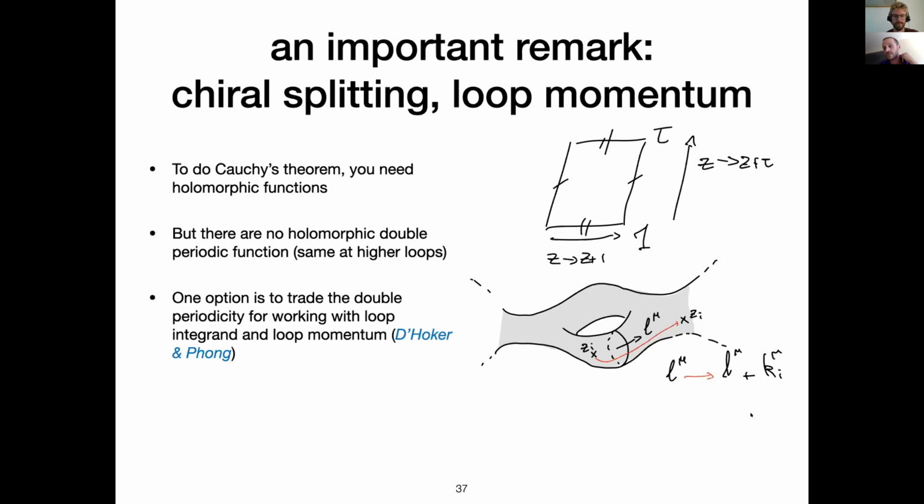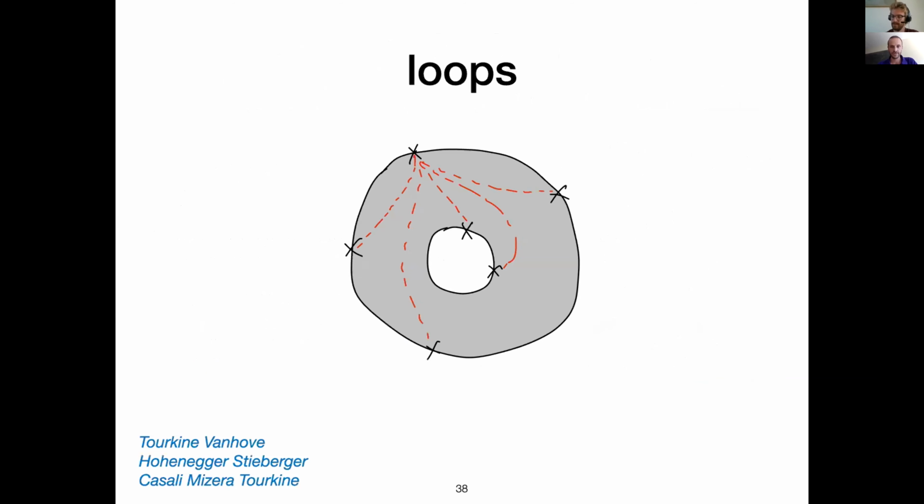So you've lost the double periodicity, but the integrands are holomorphic. So you will be able to run the same Cauchy theorem business. More tomorrow if interested. So what this means is that in our annulus, we need to introduce a cut along which we will be able to integrate, but the value of the function on either side of the cut is not going to be the same. That's going to introduce some extra monodromies, some global monodromies, which will depend on the loop momentum. And that's why the relations are going to be loop integrand relations and not amplitude relations.